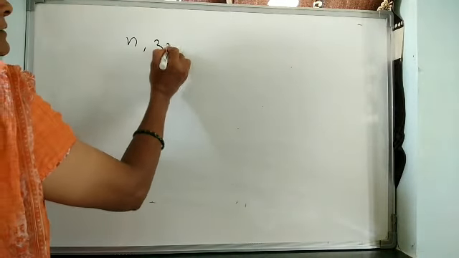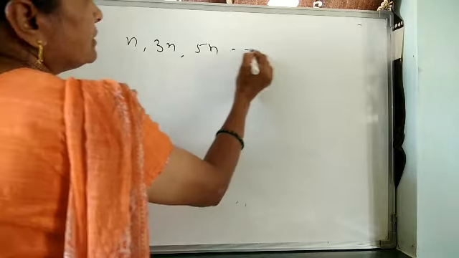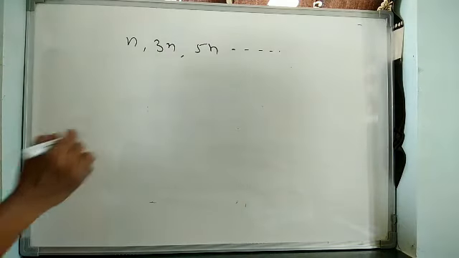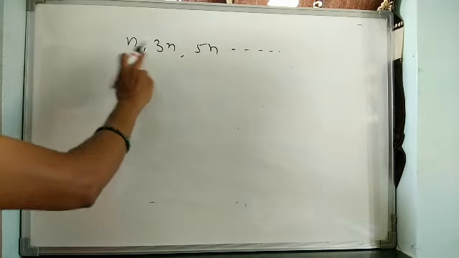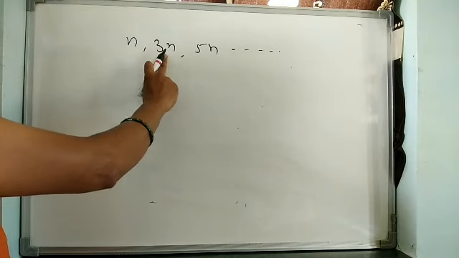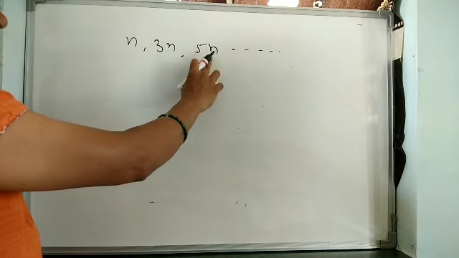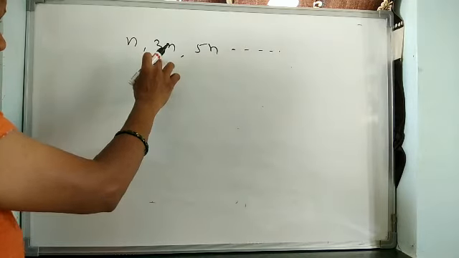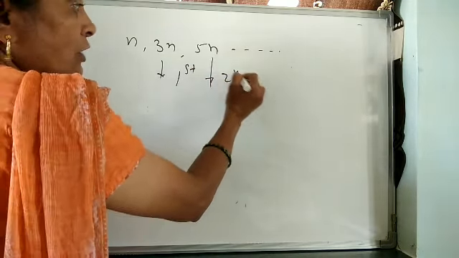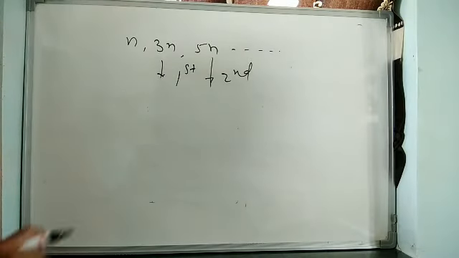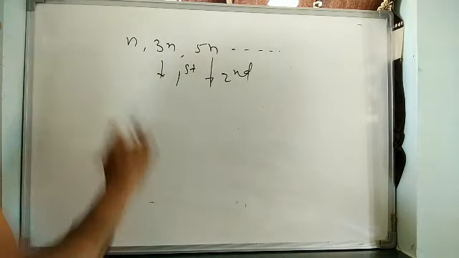That is, the air column vibrates with frequencies N, 3N, 5N, etc. This is the fundamental frequency, or the frequency of the first harmonic. This is the frequency of the third harmonic. This is the frequency of the fifth harmonic. This is the frequency of the first overtone. This is the frequency of the second overtone. That means it consists of only odd harmonics.